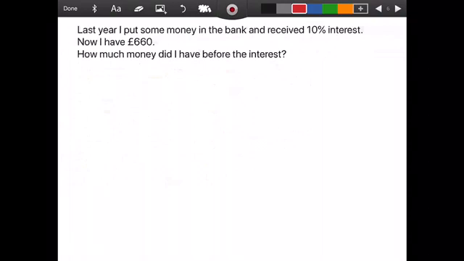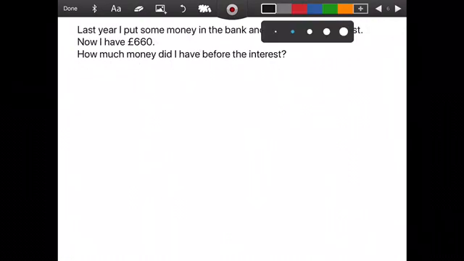Finally, I have questions that look a bit more like this. So they're worded questions, but they're using the same idea. So last year I put some money in the bank. I received 10% interest. I now have £660. How much did I have before I gained that interest?